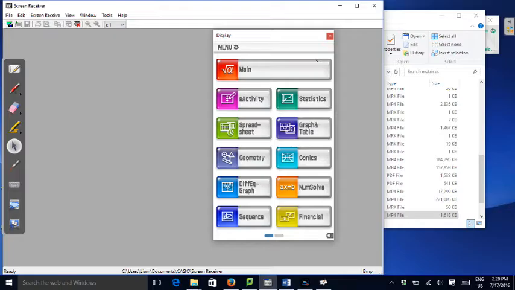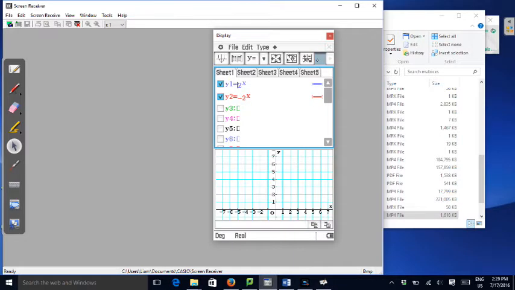And we go to graphs and tables. And we've got 5 to the power of x. And we've got minus 5 to the power of x. Sketch the two.